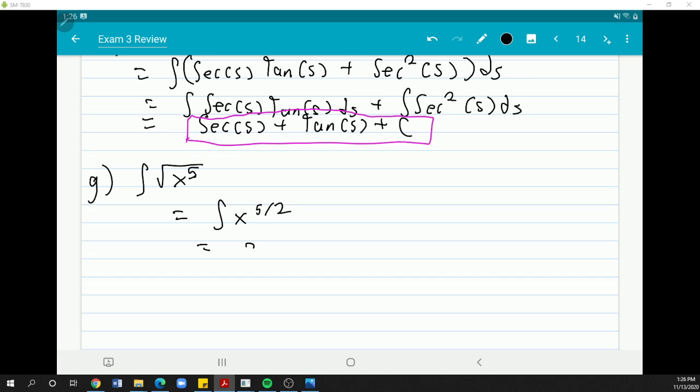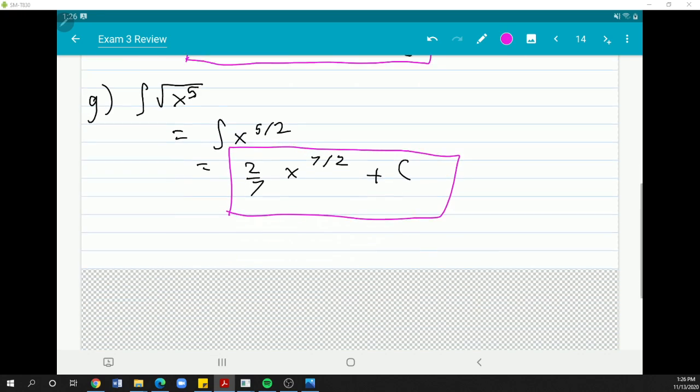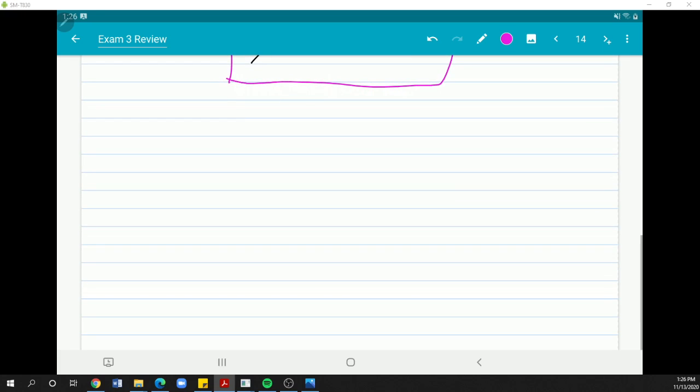And I get that this is equal to 2 over 7 x to the 7/2 plus c. So again, don't think of it as a square root, think of it as a to the 1/2 power.